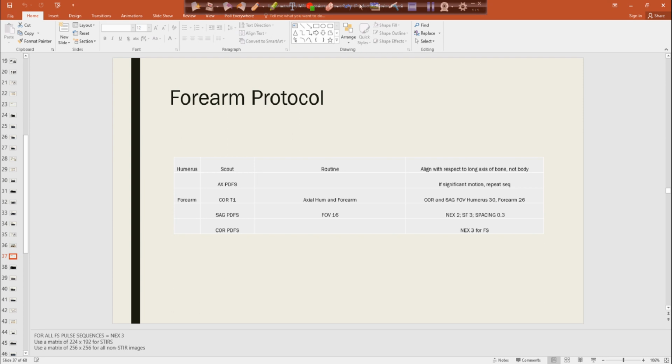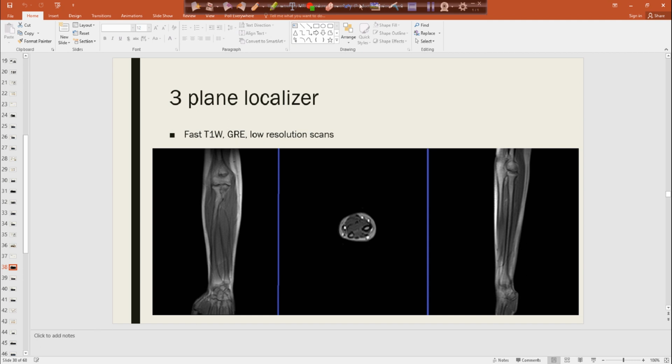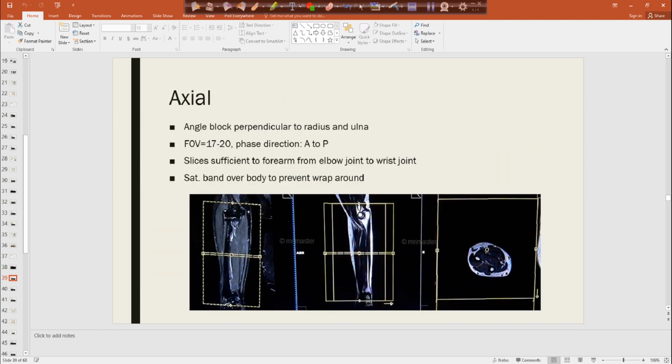Here's our planes that we need to get. Once again, we should always acquire 3 planes for every MSK procedure. Axials are covering joint to joint. Make sure you're going A to P with your phase. Add some phase wrap if you're going right to left.